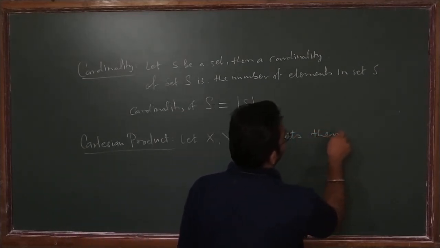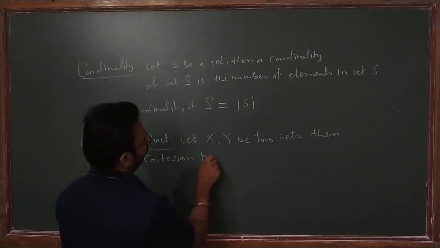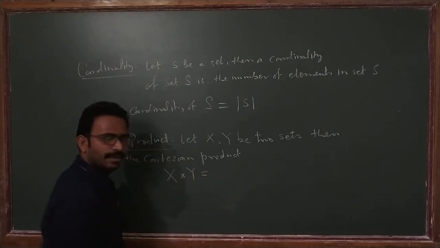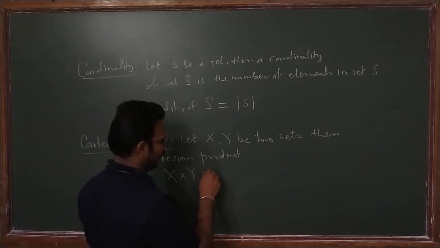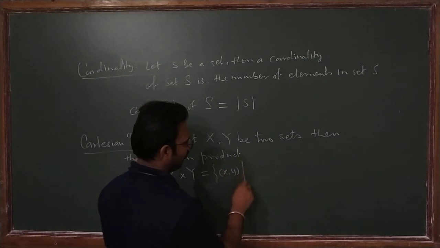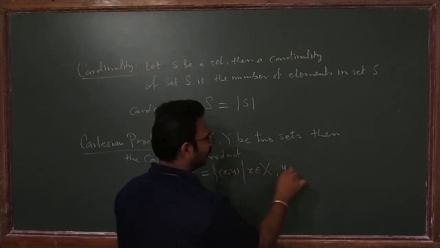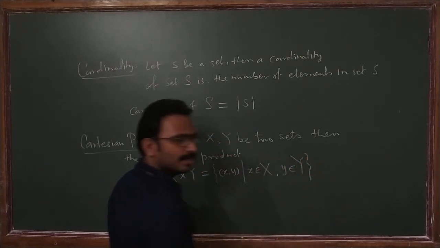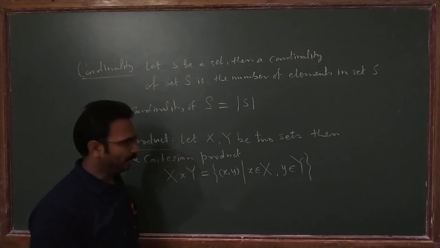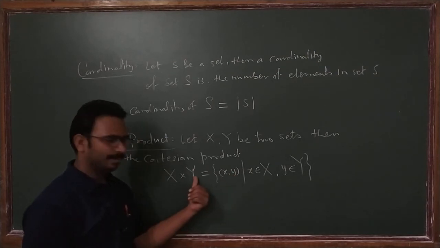Then the Cartesian product x cross y will be the collection of ordered pairs (x, y) such that the first member x is from the first set x and the second member y is from the second set y.